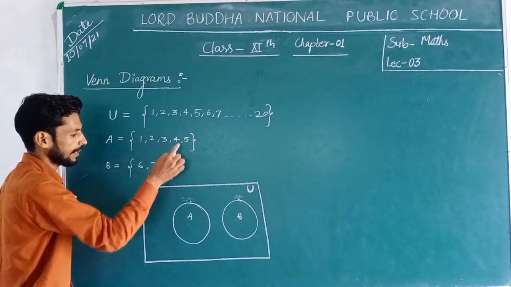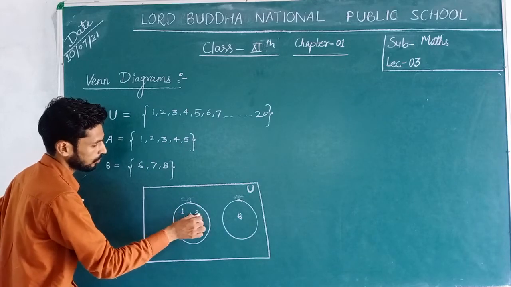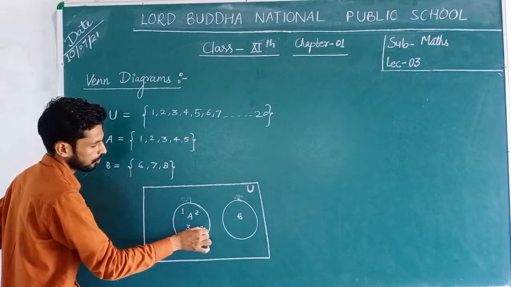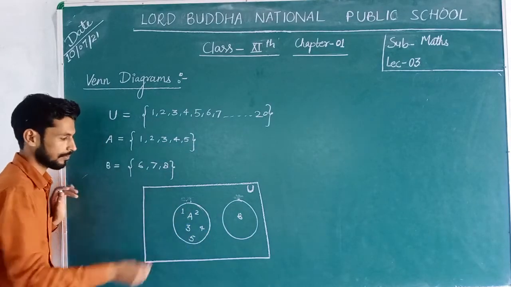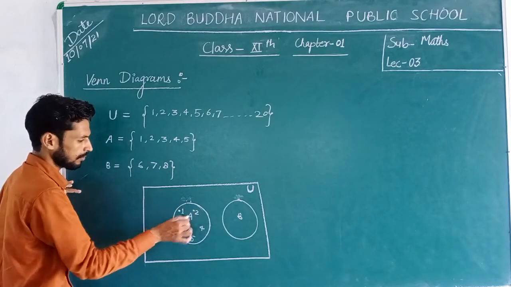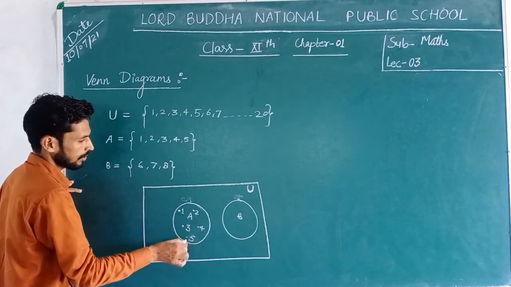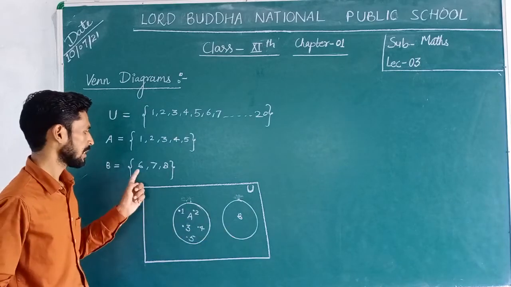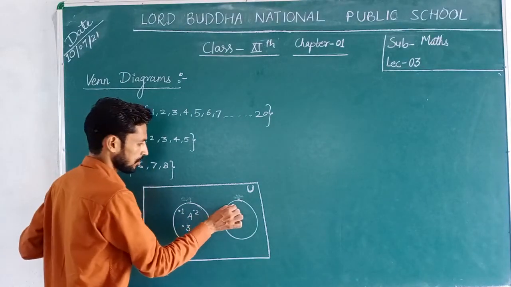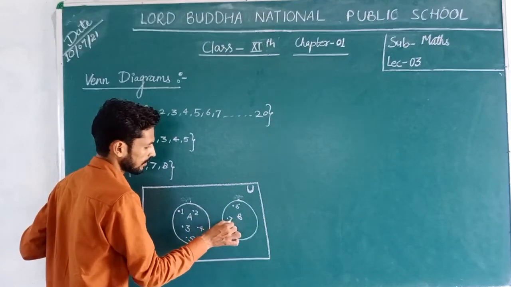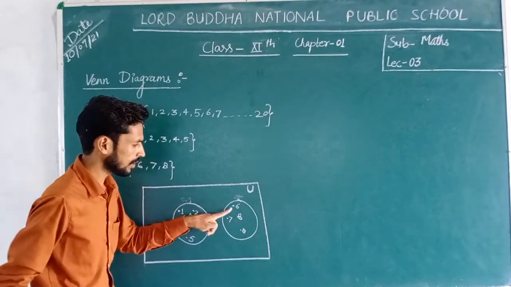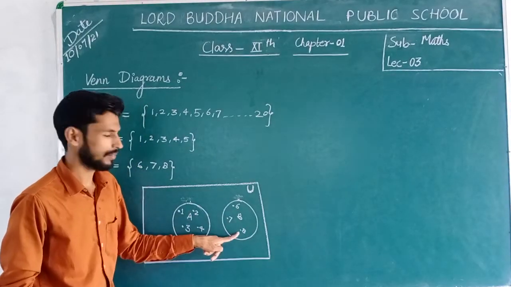1, 2, 3, 4, 5, like this. And set B has 6, 7, 8. So the elements are 6, 7 and 8. This is not a decimal point.